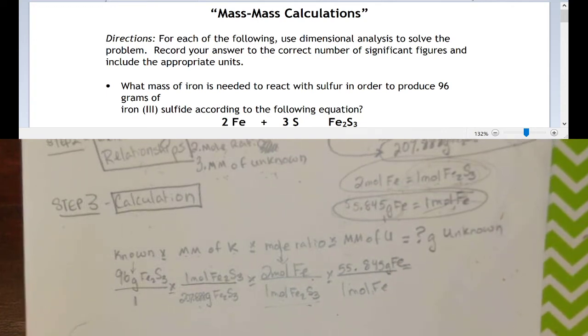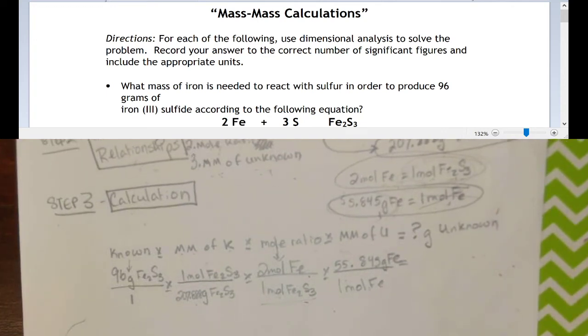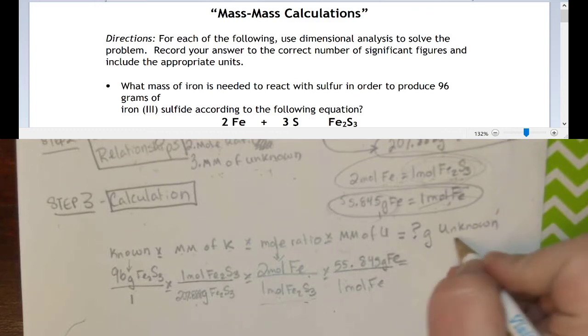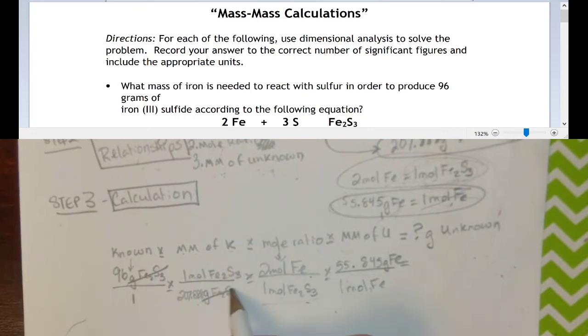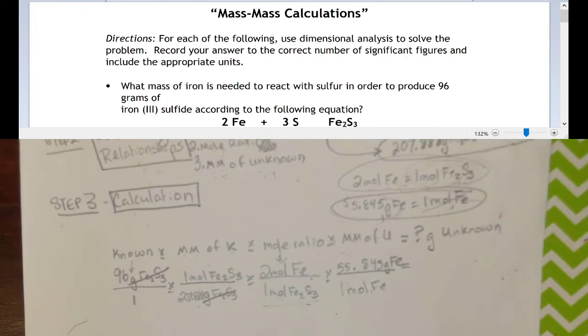And now we check to make sure that our units all cancel and we're left with the units of our unknown, which would be grams of unknown. So first things, grams of iron sulfide, if it's the same on top and bottom or the same diagonally, you know you've set it up correctly. So this has been set up correctly because we have canceled out the units.